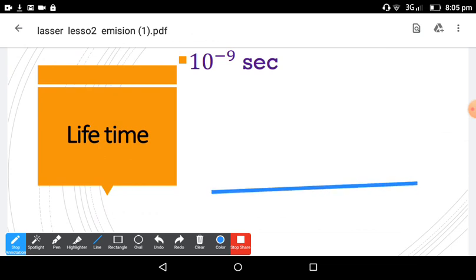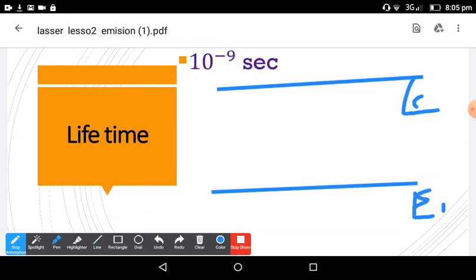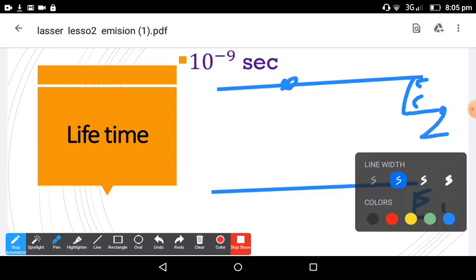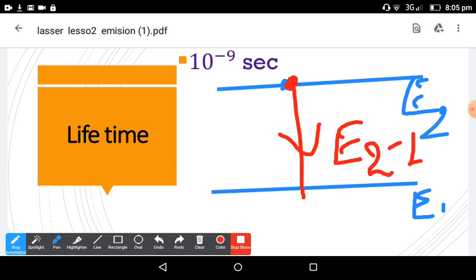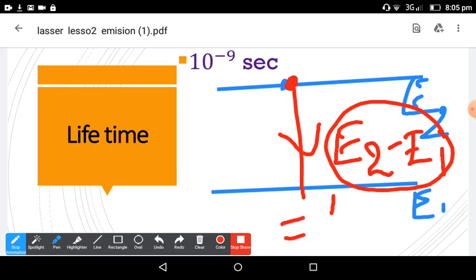So this is the ground level E1, and this is the excited level E2. One atom is here in the excited state and jumps down by releasing an energy E2 minus E1. This is the difference in two energy levels, and it is having certain energy h nu, where nu is the frequency of the radiation.